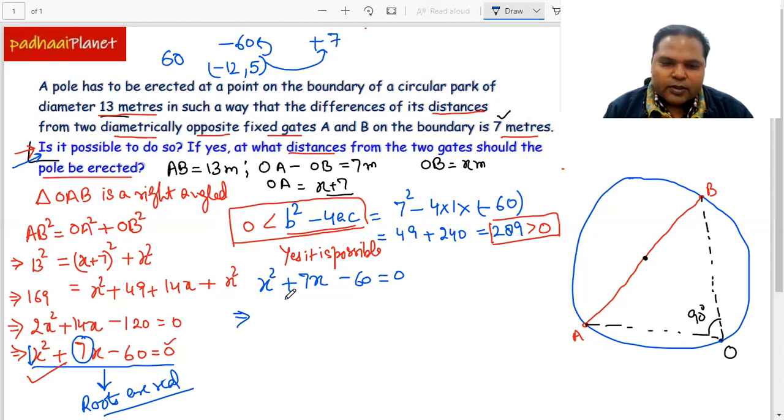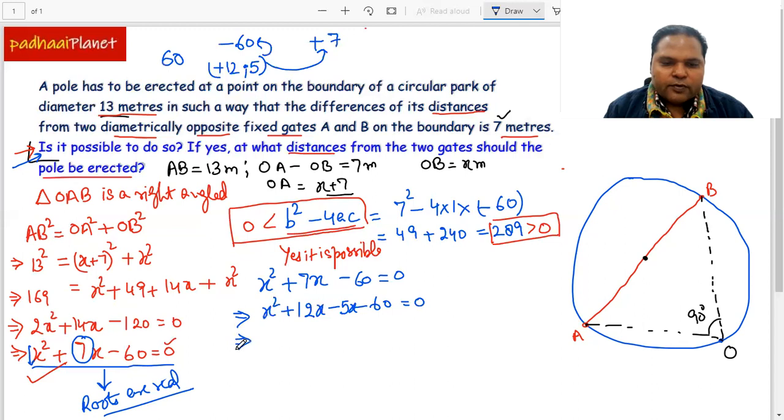Now let's put this here: x square plus 12x minus 5x, because here we have plus 7x, right? So this is it, and this is 5x, negative 60 is equal to 0.